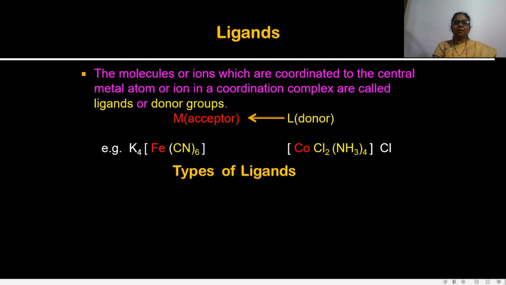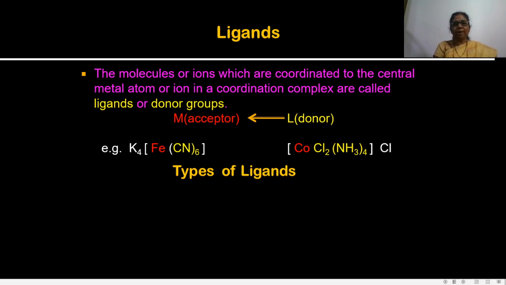Now see first, what are ligands? Ligands are the molecules or ions which are coordinated to the central metal atom or ion in a coordination complex. They are also called donor groups.